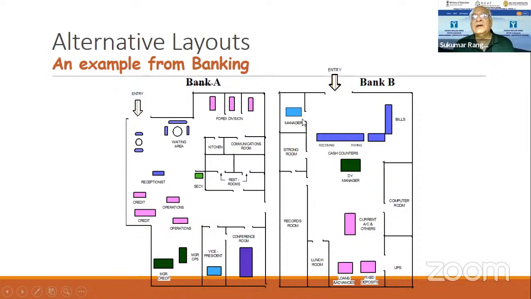There could be another kind of layout. Generally, what is more being practiced now is what we call the railway reservation system. I don't know whether you have seen the token system in railway reservations. I think it's a very efficient system. Of course, now nobody goes because I book through IRCTC.